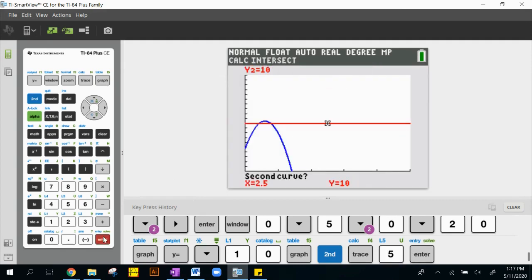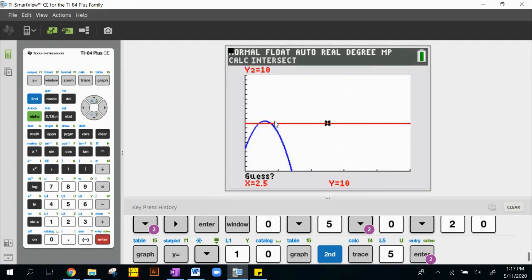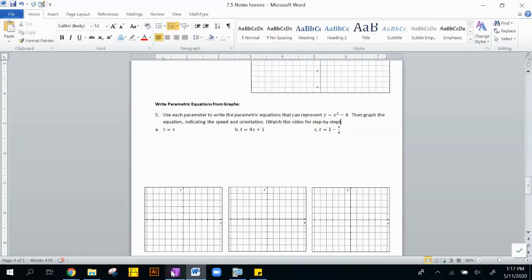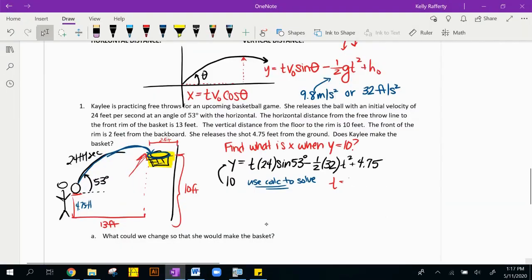First curve looks good. Second curve, good. My guess is closer to the second one. I'm going to take it, 0.774. You could also solve this using the quadratic equation if you want to, but I don't need that first point of intersection. Now let's check where the ball is horizontally.